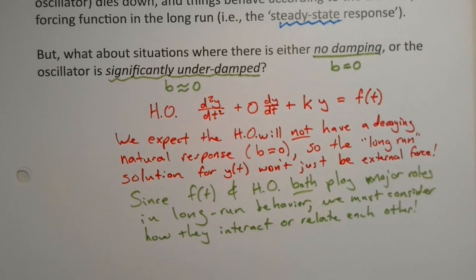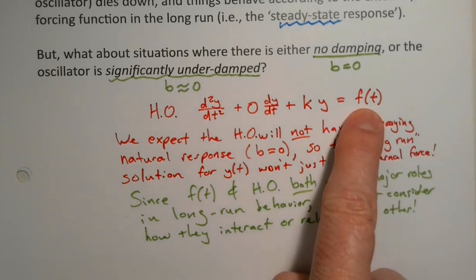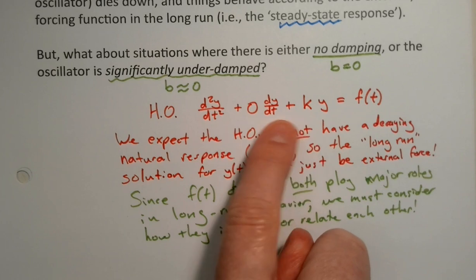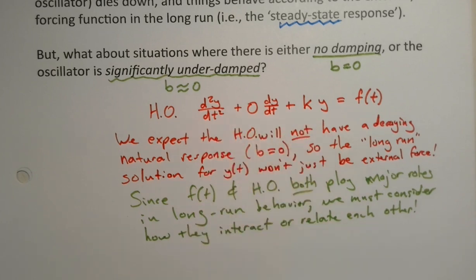So this idea of how similar that forcing function, if it's periodic, is to the periodic nature of our harmonic oscillator. And it turns out that there's a really important relationship here.